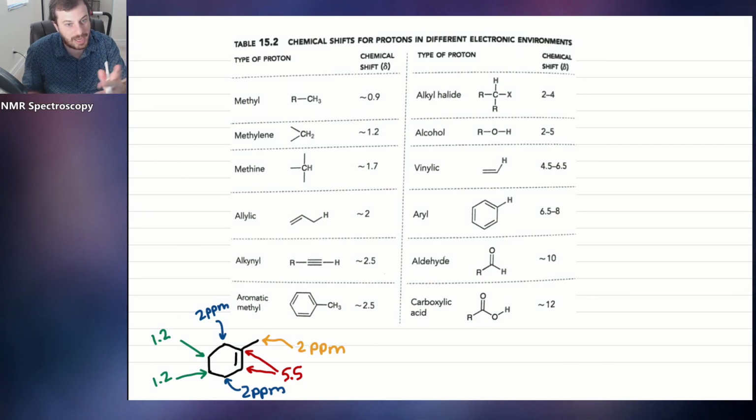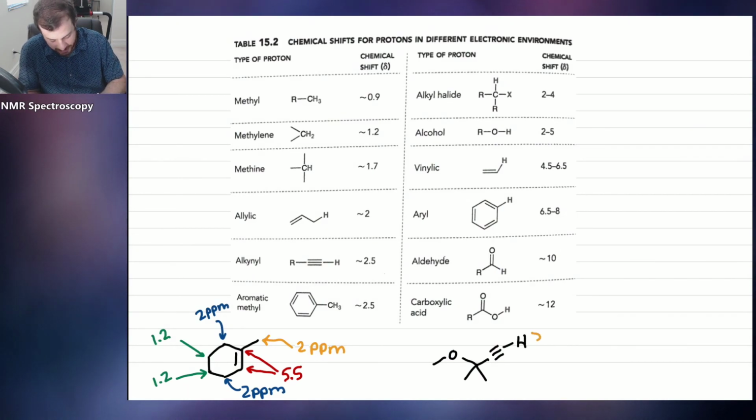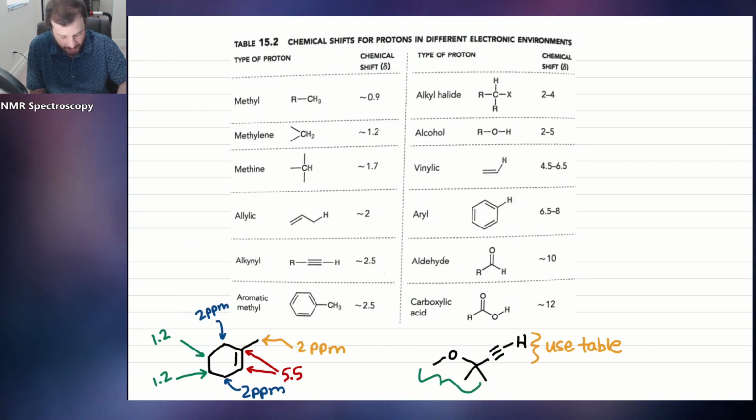And we can also combine this table with our predictions. So for example, this compound here, we would use the table to predict the chemical shift of this hydrogen, but we could use our predictions, like alpha to oxygen, beta to oxygen, for the other part of the molecule.